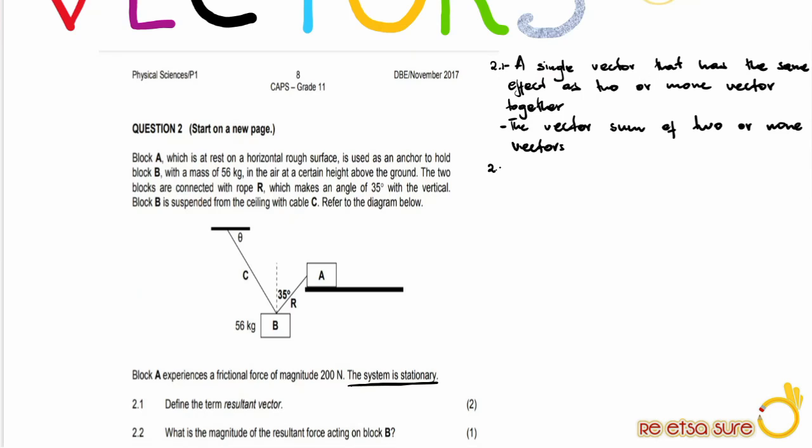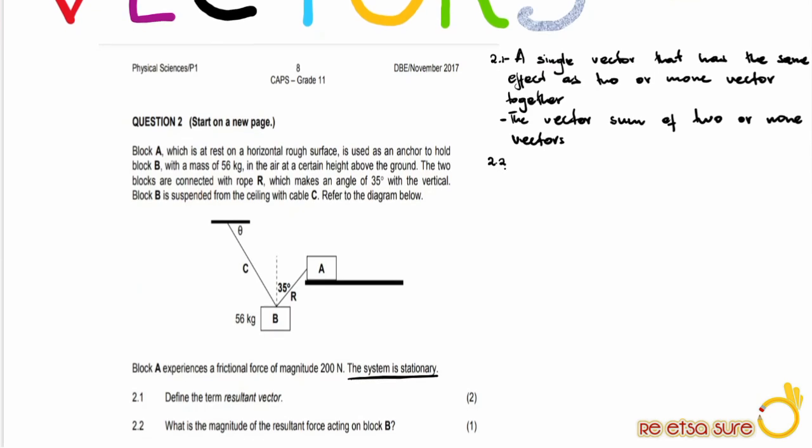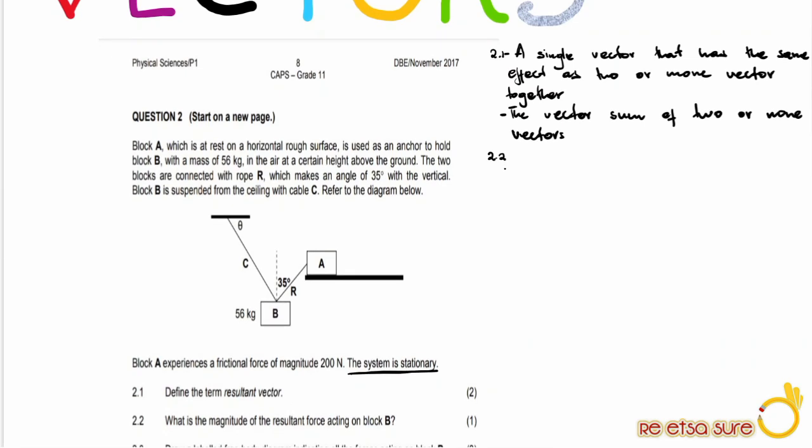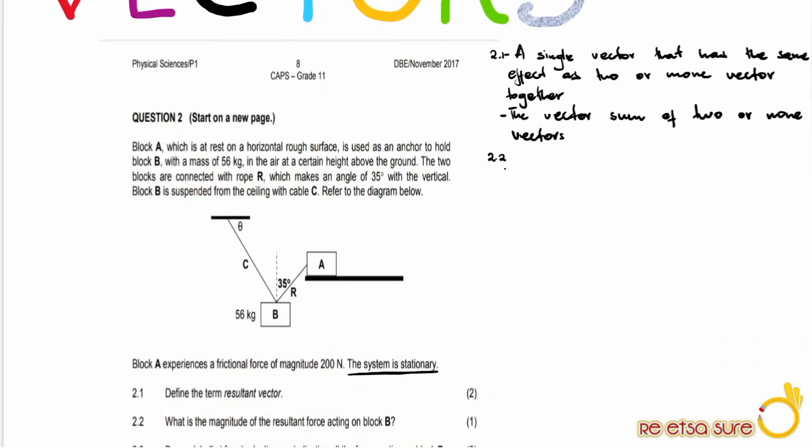And then we go to 2.2, for 1 mark. What is the magnitude of the resultant force acting on block B? My beautiful learners, the block B is not moving.